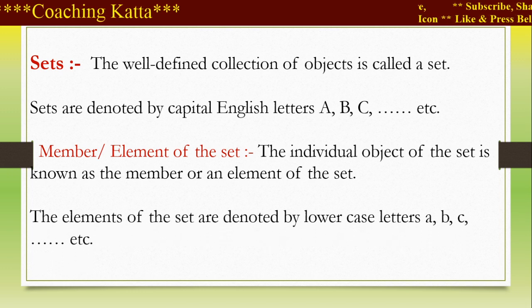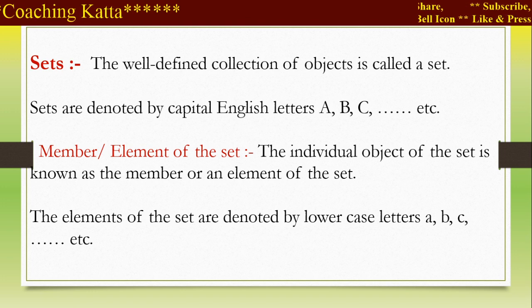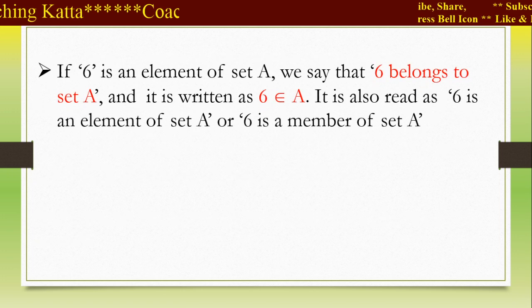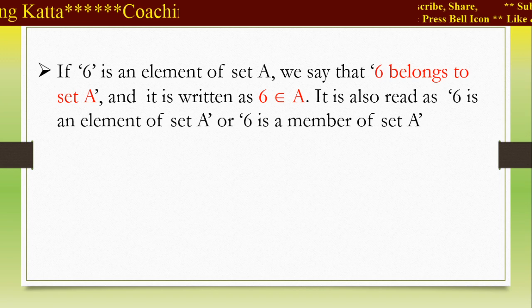These elements or members of the set are denoted by lowercase letters, that is small a, small b, small c, and so on. If 6 is an element of set A, we say that 6 belongs to set A.